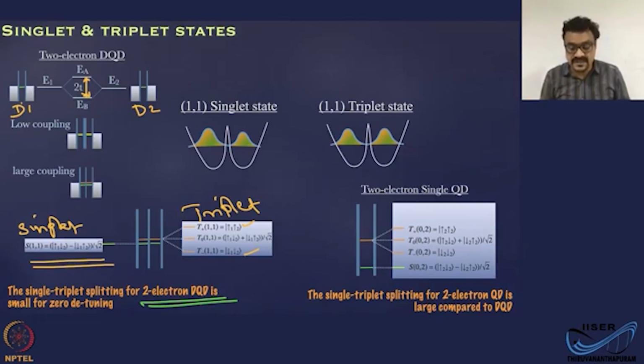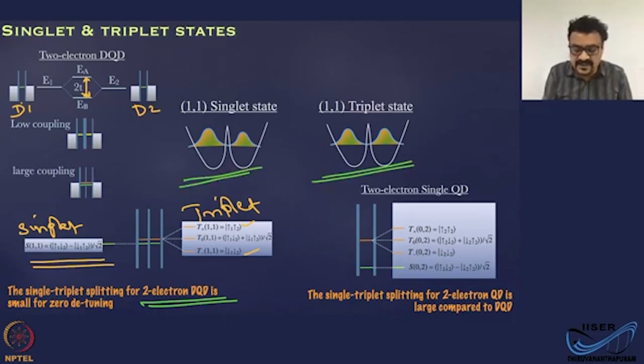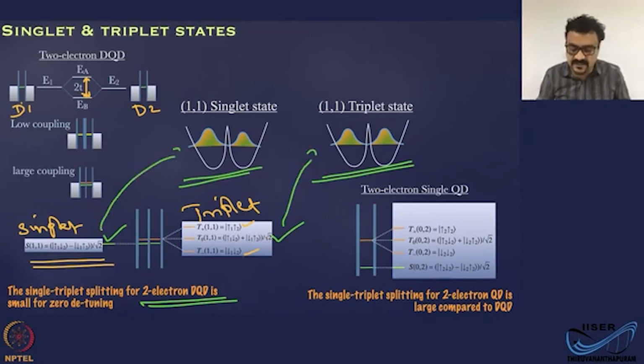Because of the exchange, this part I'm not going to go into in detail here, I just want to mention it for completeness. Exchange: the charge distribution for a singlet state and the charge distribution for a triplet state, that means the 1-1 singlet state and the 1-1 triplet state, this state and this state, are slightly different.